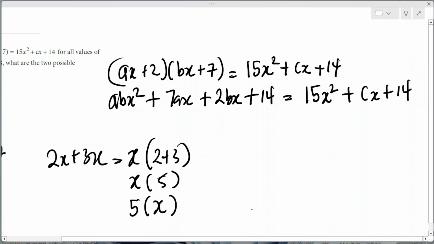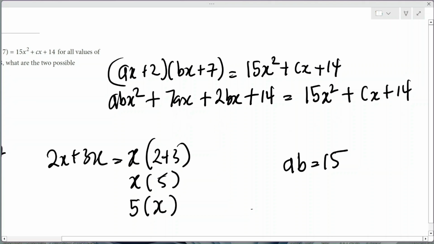That is, we have created another equation. We have ab, or a times b, equals 15 as another equation. Let's note that first. Then this 14 is a constant and this 14 is a constant. They both match, but we need the value of c from this, and factorizing this, that's the like terms, would help us get the value of c, which will be in terms of a and b.